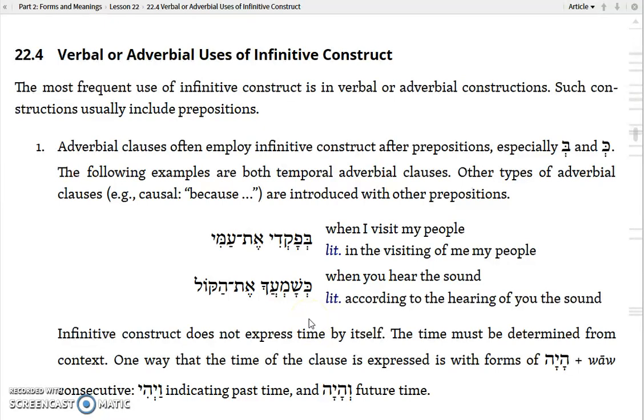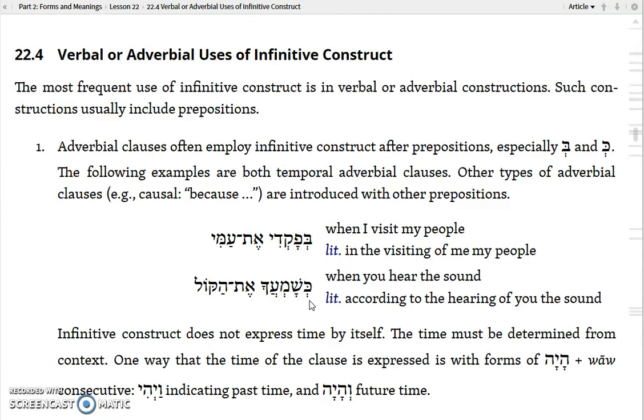Or another example, kshomaka et hakol. Here you have shamah in the infinitive form with a ka suffix and a preposition ka in the front.